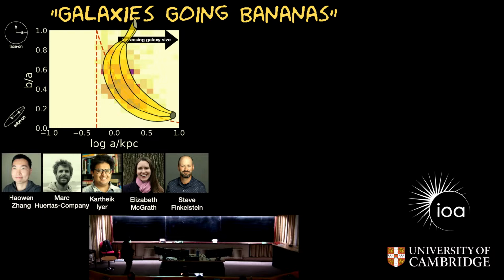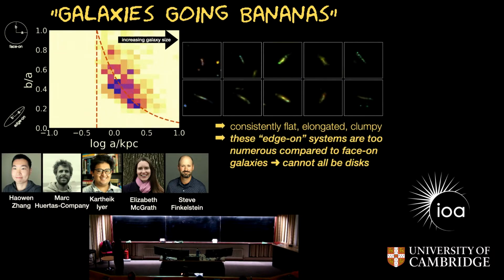You can look at some of the images of these galaxies from James Webb, and again, they're consistently very flat, very elongated and linear looking. Many of them are clumpy, like the old Hubble Space Telescope chain galaxies from the 90s. And the main point of my talk tonight is that we see way too many galaxies in the early universe that look like this.